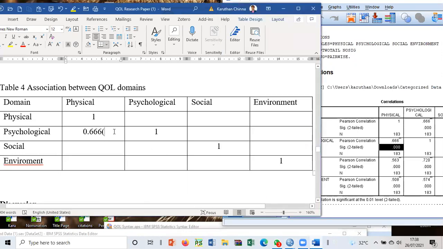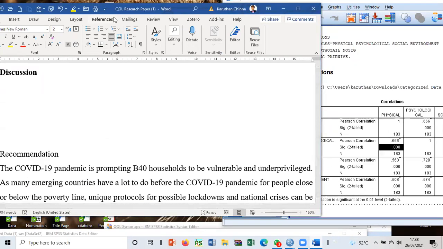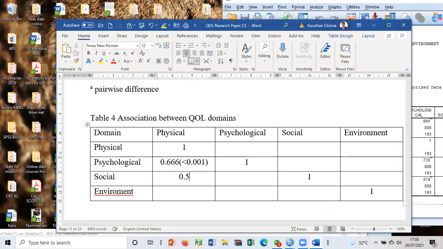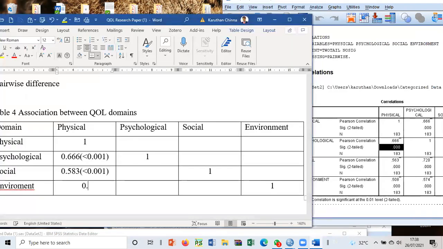Less than 0.001. Right? What's the next value? 0.583, less than 0.001. Next one, 0.509, less than 0.001.